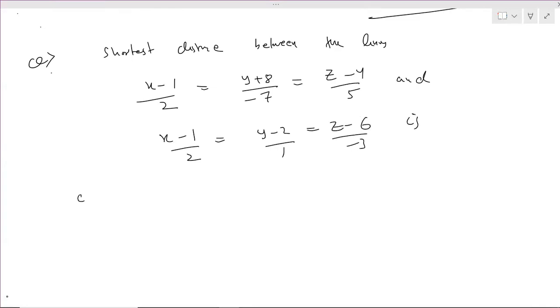Option A is 2 root 3, B is 4 root 3, C is 3 root 3, D is 5 root 3. All right, this question came in JEE Mains this January. Tell me the answer. I'll give you 2 minutes for this. Very easy question.